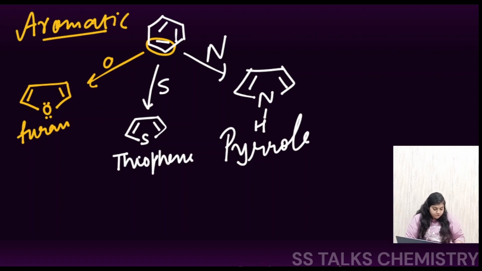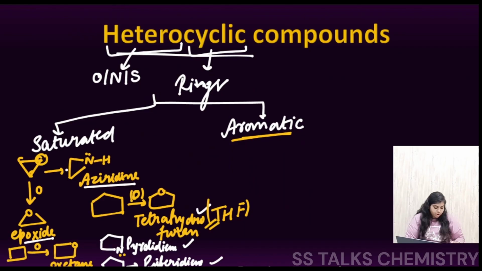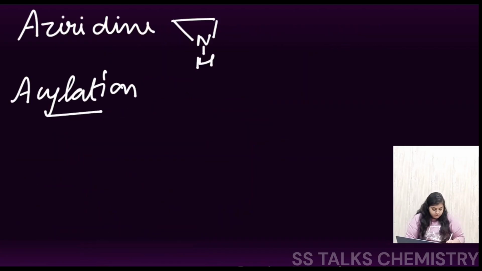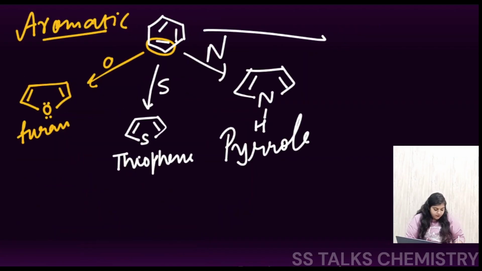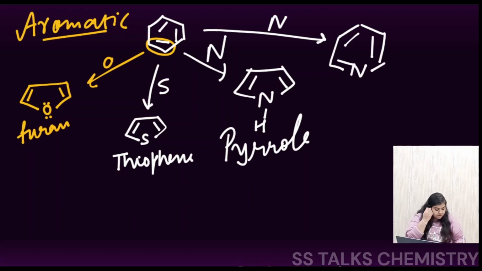Now if we do hydrogenation of it, it is called pyrrolidine, right? Sorry, pyrrolidine, yes. Similarly, if one of the carbon atoms in benzene is replaced with nitrogen, we get a six-membered ring with nitrogen, which is called pyridine. This is called pyridine.